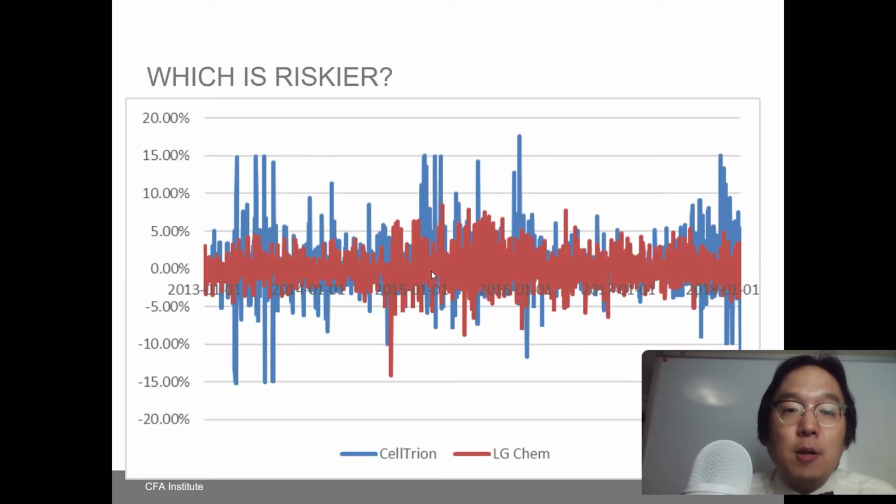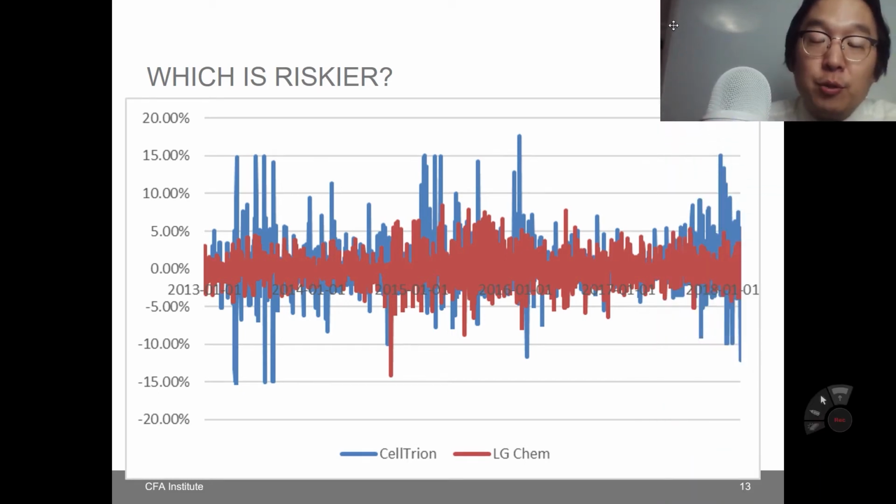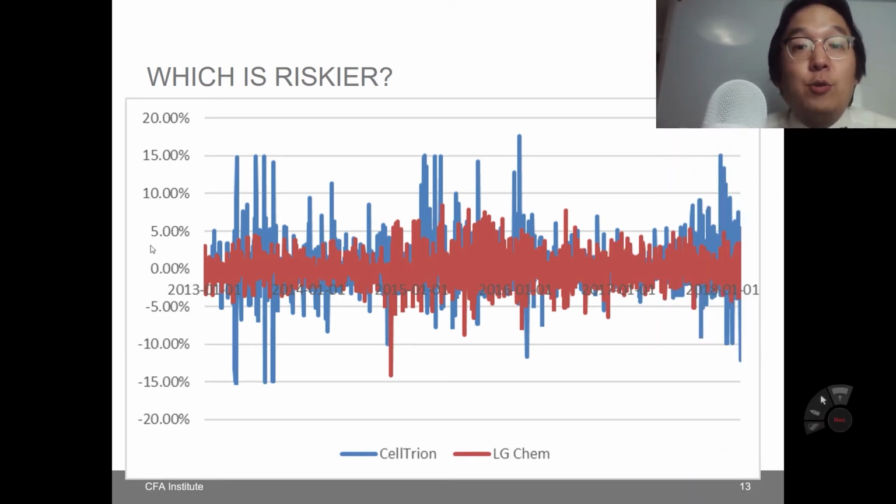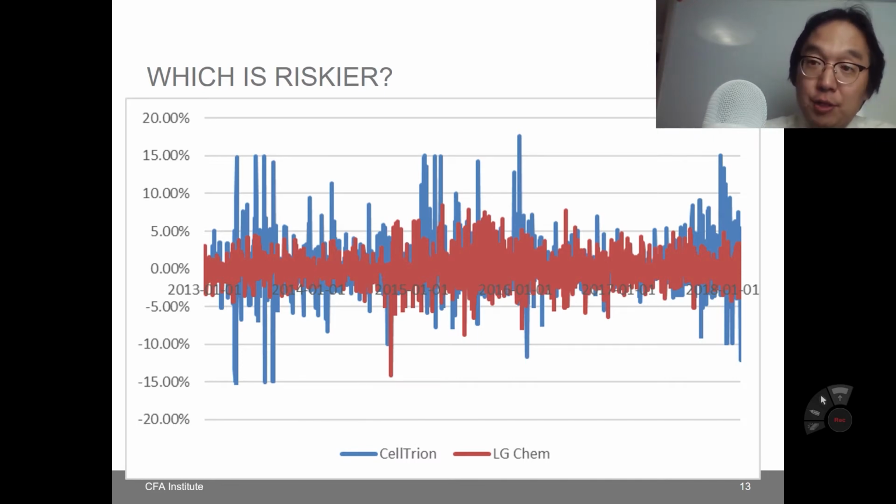And the next one, here I plot those two charts in one chart, Celltrion and LG Chem, showing you in one diagram like this. So you can immediately see that Celltrion is riskier than LG Chemical, right? Yes, stock return volatility is so huge, much bigger than the stock return volatility of LG Chem.